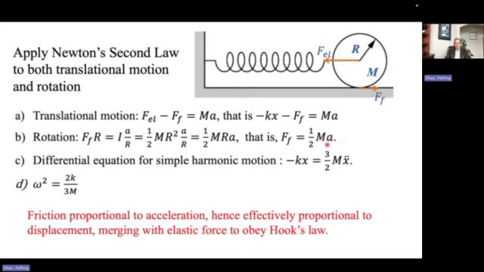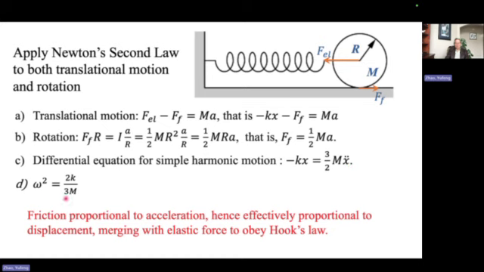Plugging this equation into the first equation, you get the standard differential equation for simple harmonic motion: negative kx equals 3/2 m times a, where a is the second derivative of the displacement.